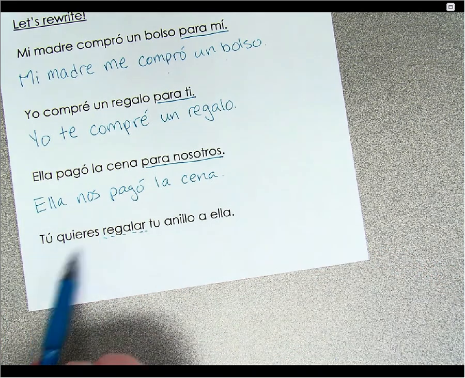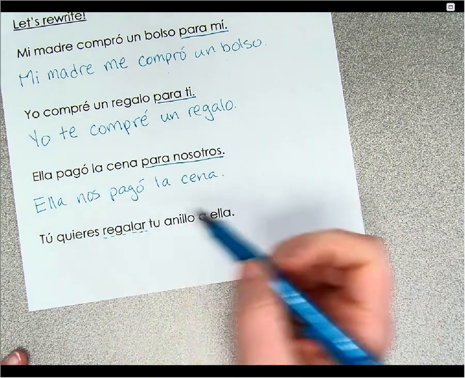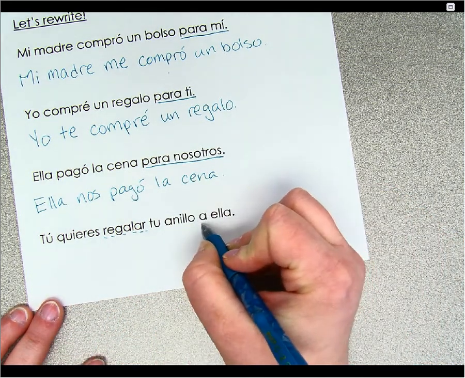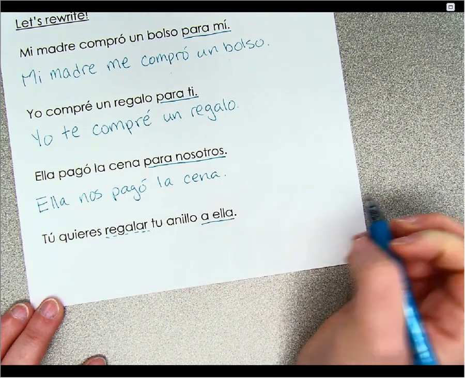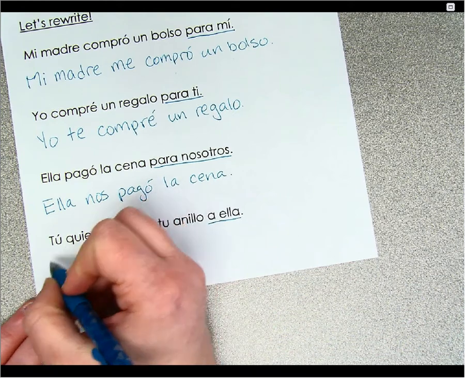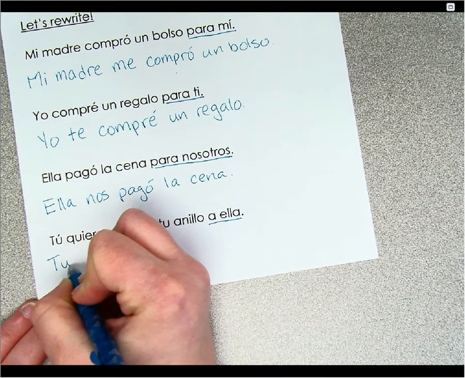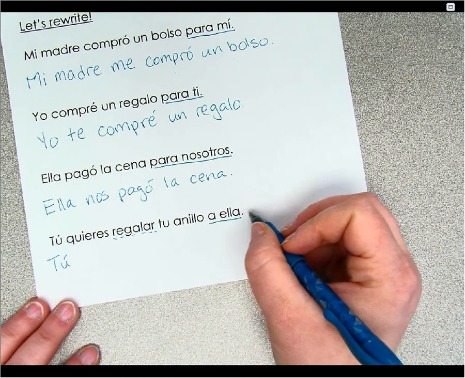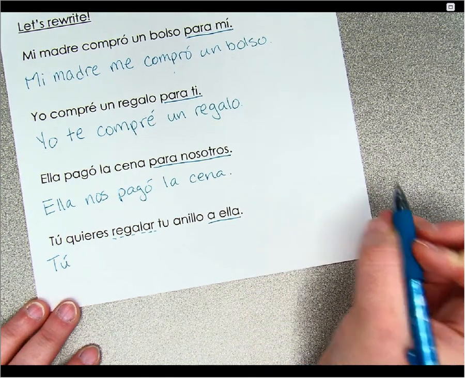Okay, you want to gift your ring to her. So who do you want to give your ring to? Her. So just like we've been doing, what indirect object pronoun would replace ella?